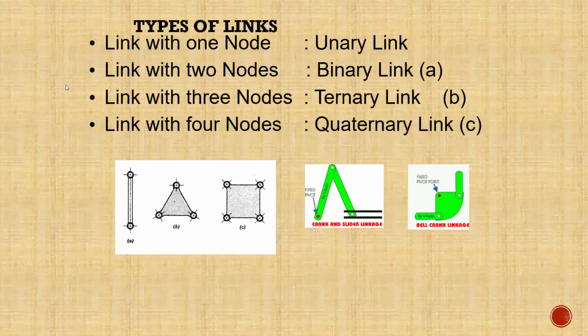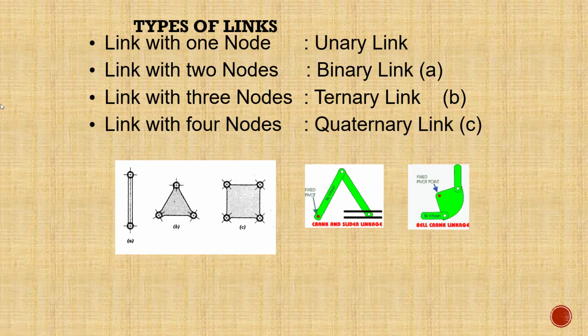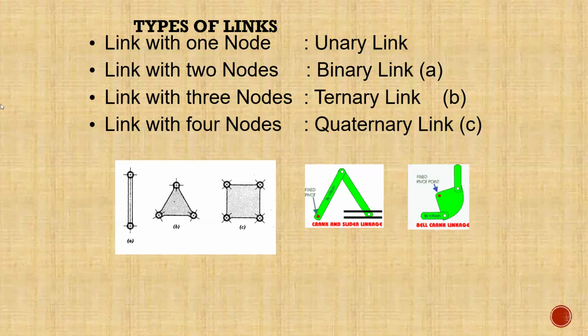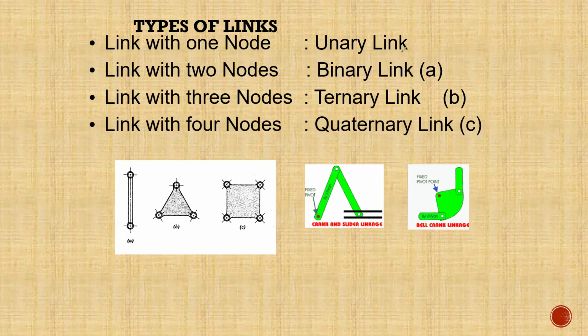Okay, perfect. So now let's look at types of links. A link with just one joint or node we call a unary link, right? And this one here, which has two joints, this joint and this joint, is what we call a binary link because it has two nodes.